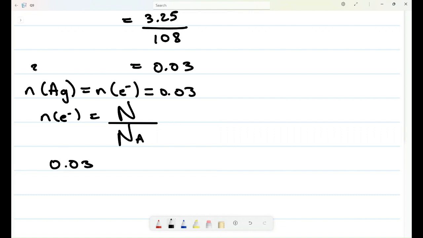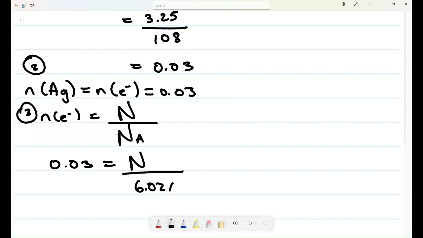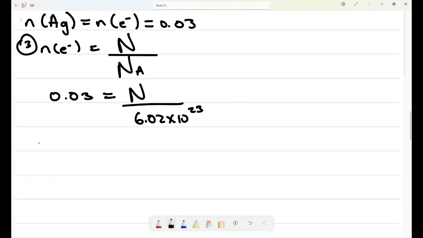This is my second step. This is my third step. Then I want the number of electrons, so 6.02 times 10 to the power of 23. If I'm still correct, yeah. Then the number of electrons is equal to what? 1.81 times 10 to the power of 22.